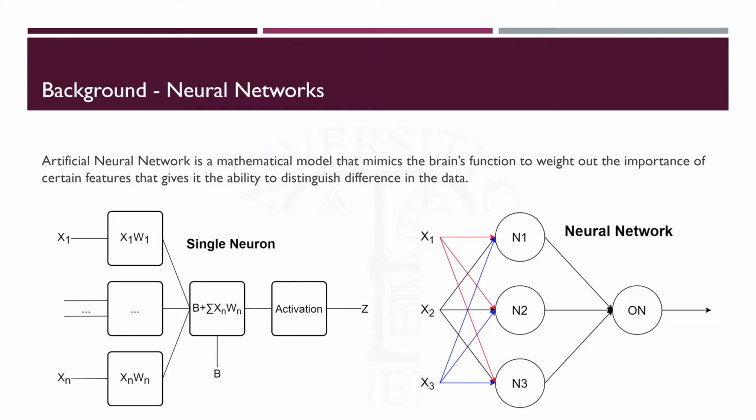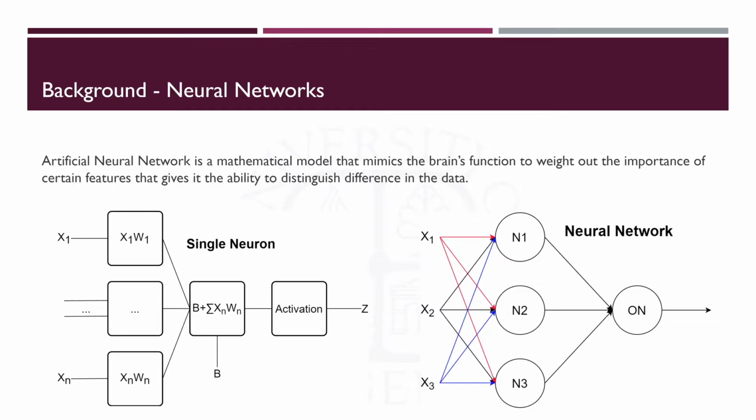Then this sum will be applied to an activation function. This activation function can be interpreted as a type of gate function that will pass either a high value or low value to the next neuron.